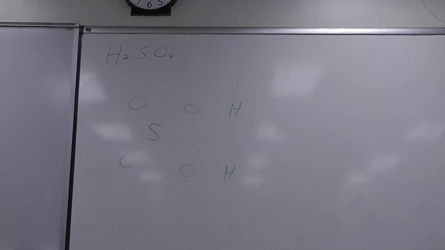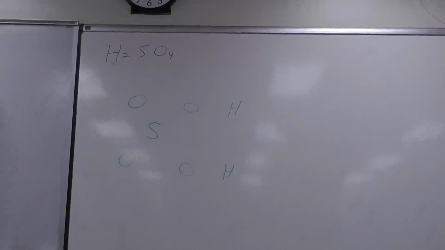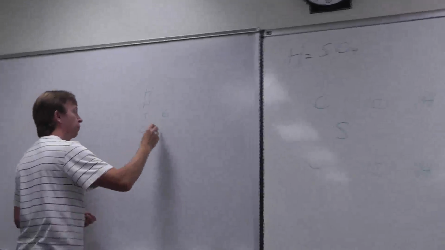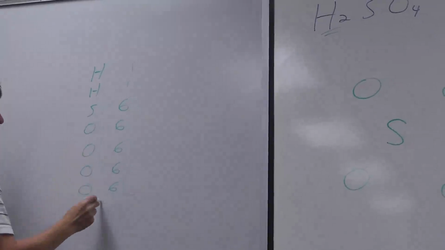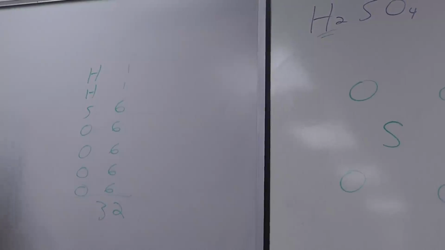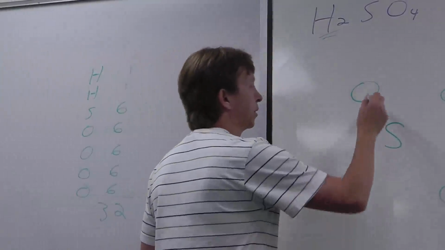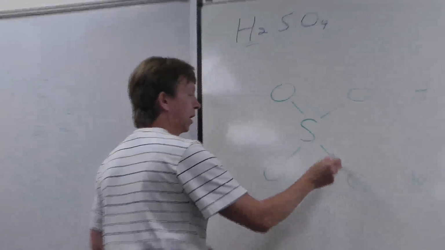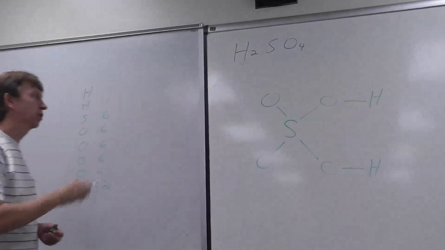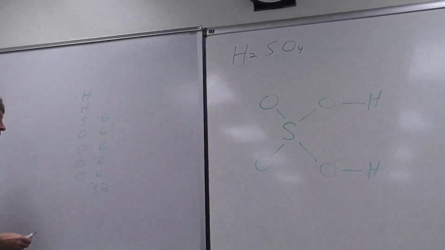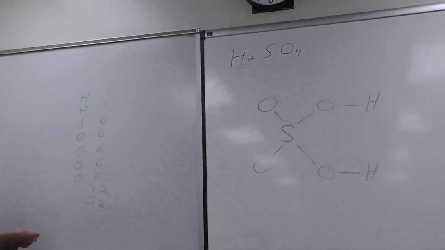So we go through our little tabulation. Each hydrogen contributes 1, sulfur is 6, each oxygen is 6. That's 32. Connecting up the atoms is going to be 2, 4, 6, 8, 10, 12, because we have to connect those hydrogens onto the oxygen. So 32 to place, 12 of them are bonding.